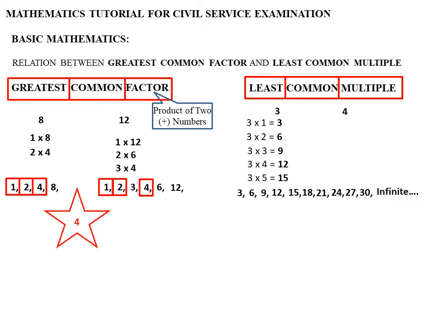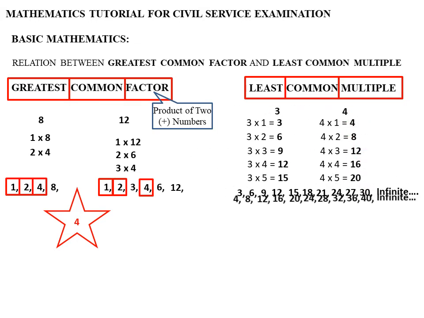Let's proceed to the multiples of 4. The multiples of 4 are 4, 8, 12, 16, 20. These are called the multiples of 4.